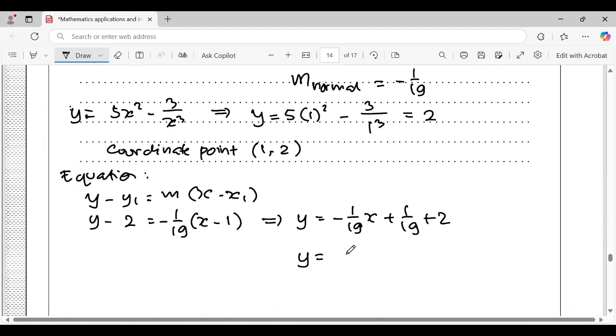So y equals minus 1 over 19 x plus, 19 times 2 is 38, plus 1, 39 over 19. This is the equation.